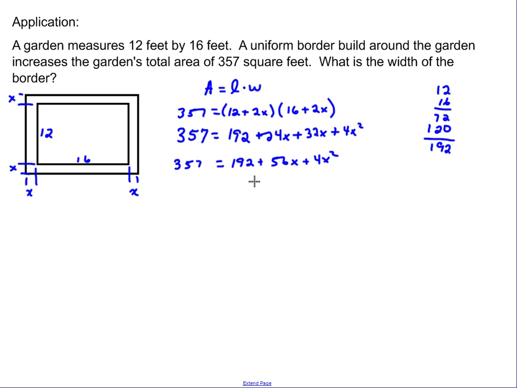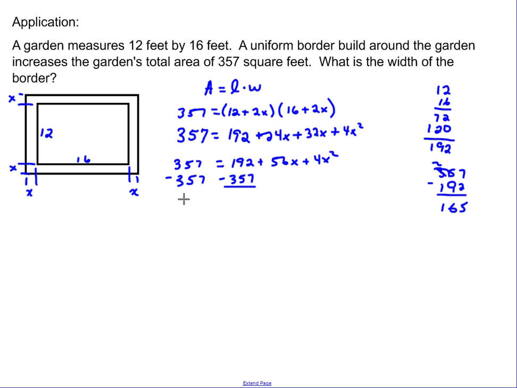But to solve this equation, we're going to have to set it equal to 0. That means we're going to have to subtract 357 from both sides. Since 357 is the larger of the two values, our result should be negative. 357 minus 192 is 165.